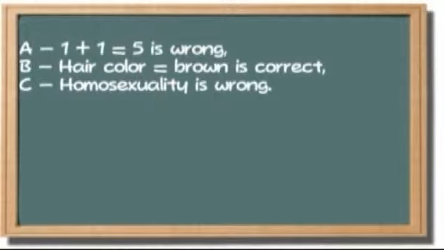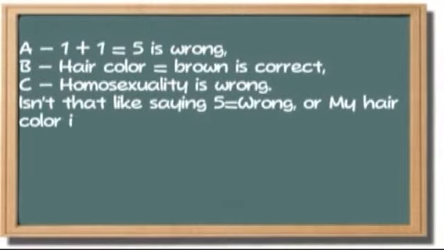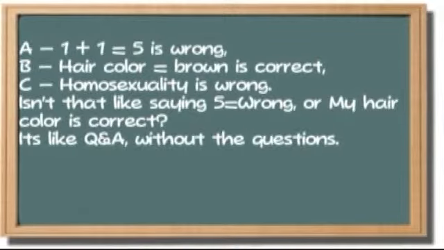When we speak of truths or proofs for anything, we usually provide the necessary information for arriving at a conclusion on whether it is right or wrong. For example, we don't say 5 is wrong or the color of my hair is correct and then expect to be understood, because we would be giving an answer without a question.